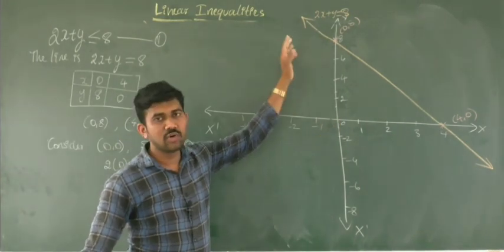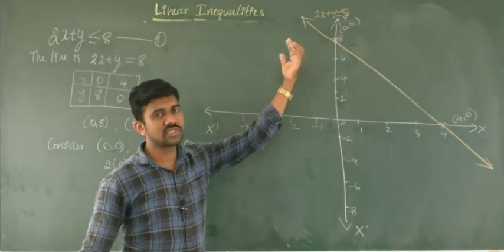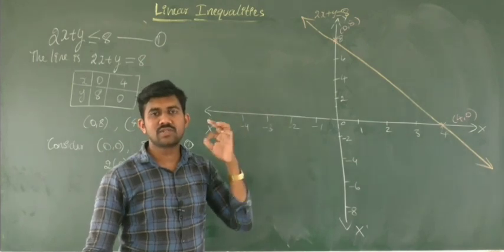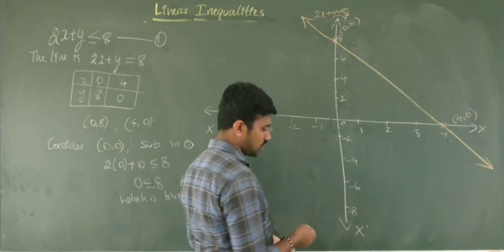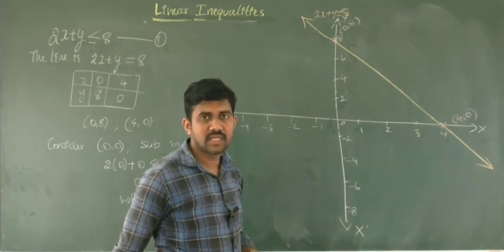Origin is in the lower half plane. So here the solution region is towards origin, means the solution region in lower half plane we will get. So again we have to show the solution region by using shading.